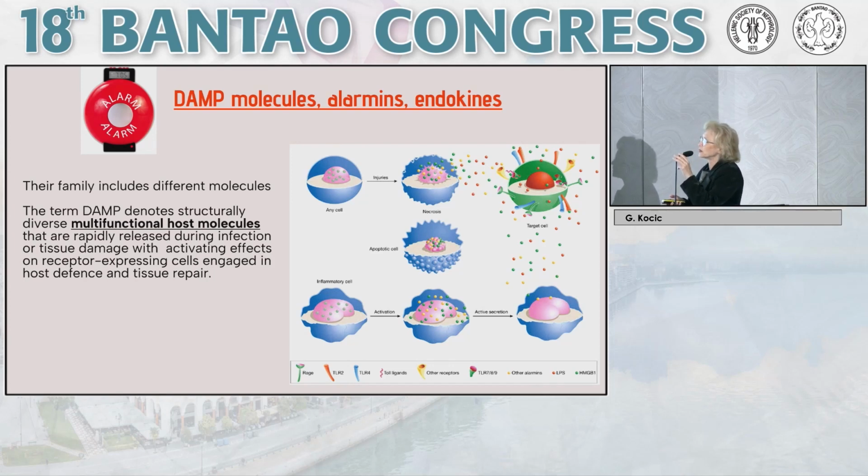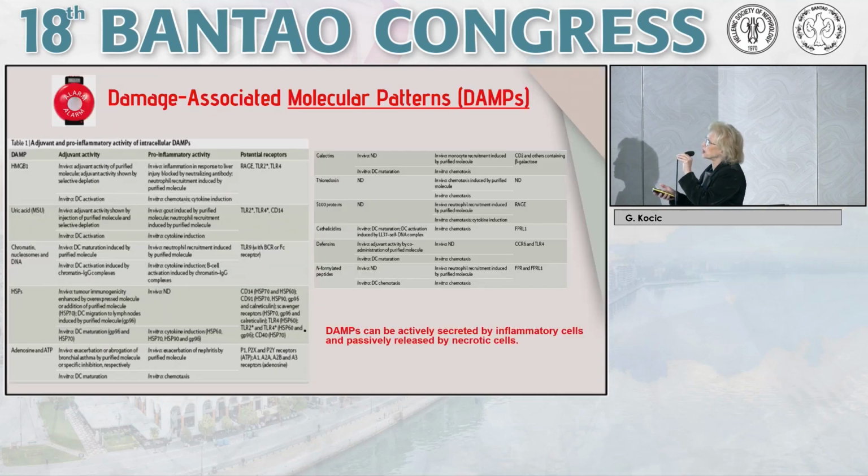But when we talk about the damage-associated molecular patterns, they represent multifunctional host molecules which are released from damaged cells, or they can be secreted from cells if the cells are still healthy. But if they are necrotic, then they are released into the extracellular space.